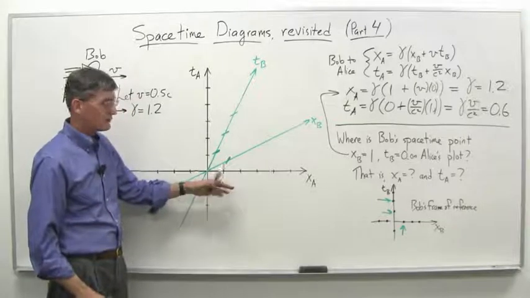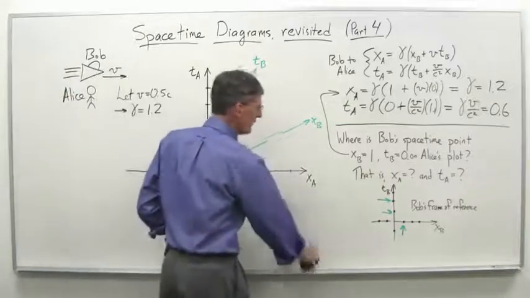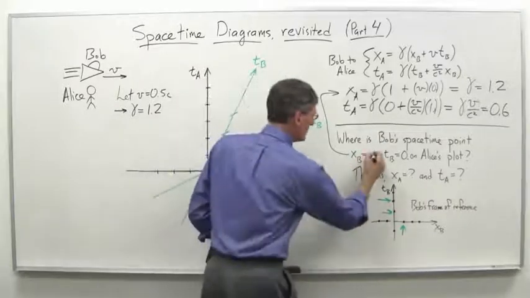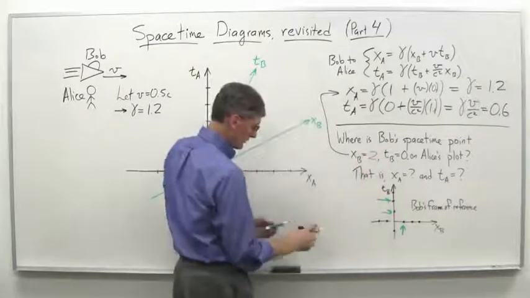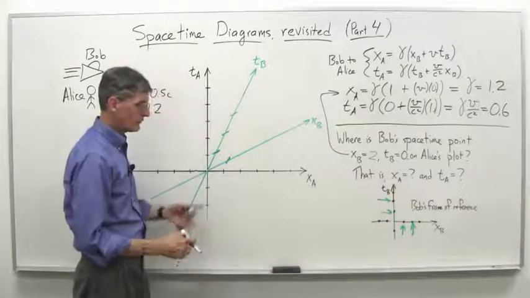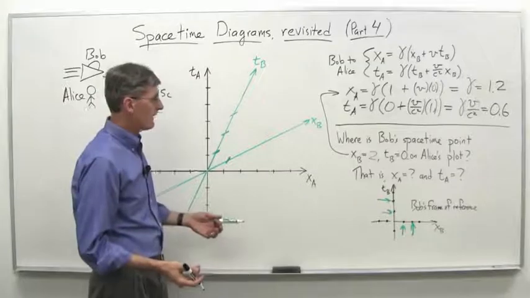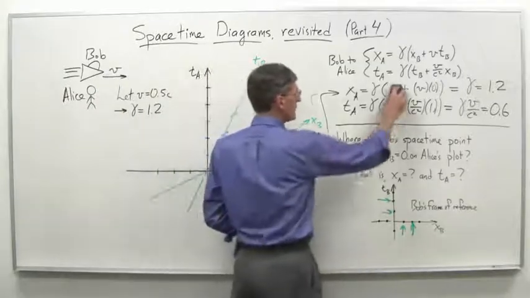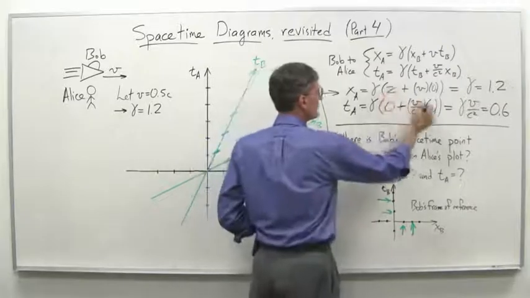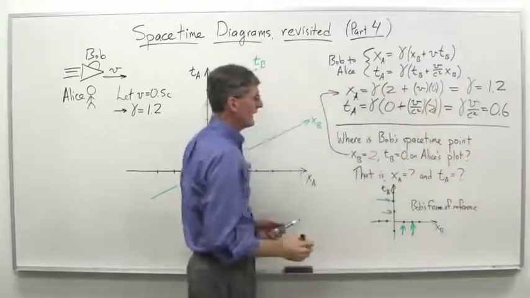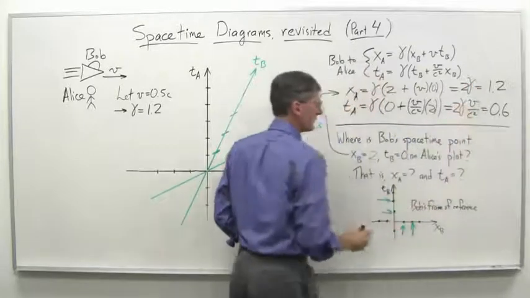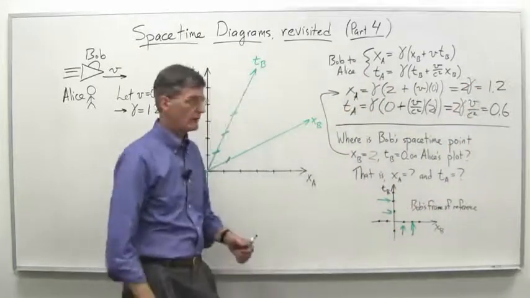Okay, let's do one more here. So x sub b equals 2, because then we'll see the pattern. Now we're looking at this point right here on the x sub b axis. t sub b is 0, and so we come up here. The zeros stay the same. This becomes a 2, this becomes a 2, and we get 2 gamma and 2 gamma v over c squared in those cases.